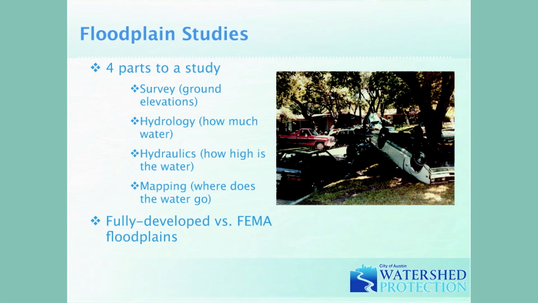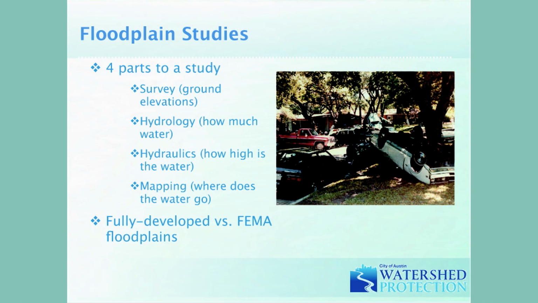Obviously, that creates more water. And the city's regulations for development are all based on 100-year fully developed conditions. Now, a FEMA floodplain is something different. FEMA floodplains are based on the conditions that exist at the time of the study. So if the subdivision is platted and all the lots are there, but there are no houses, then in the FEMA hydrologic model there's 0 impervious cover.